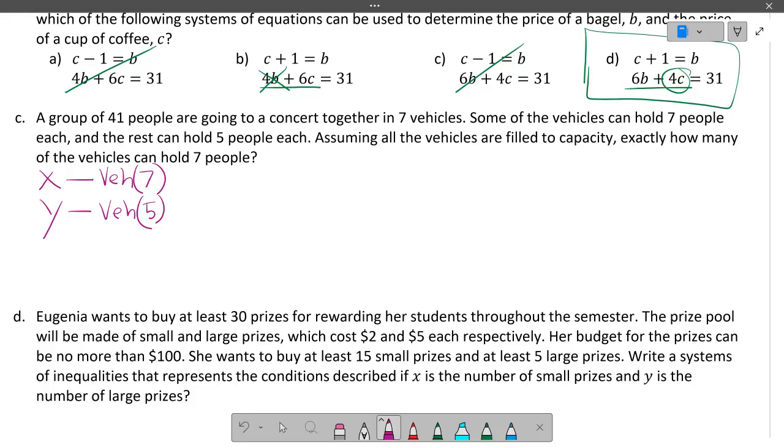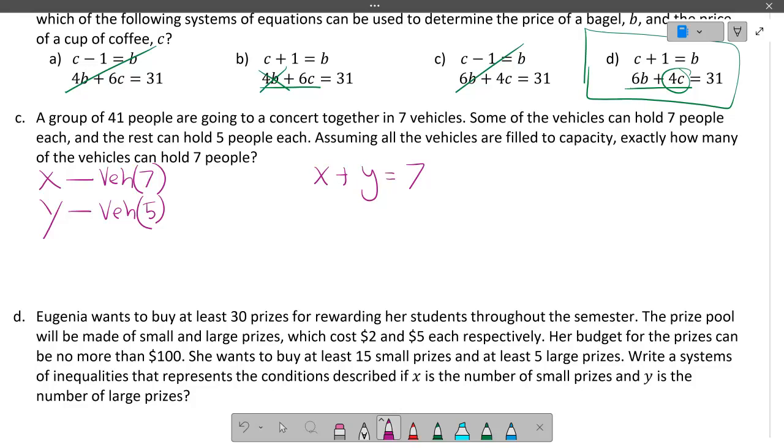So what's one of our relationships that we'll be able to model? Okay, X plus Y equals 7. Why X plus Y equals 7? There's 7 vehicles in total. So the number of 7 passenger vehicles and the number of 5 passenger vehicles added together gives us 7 total vehicles.